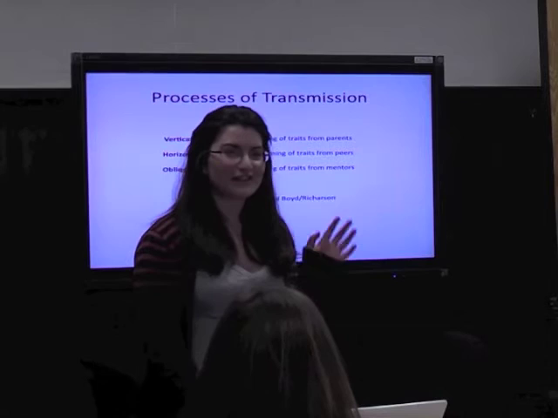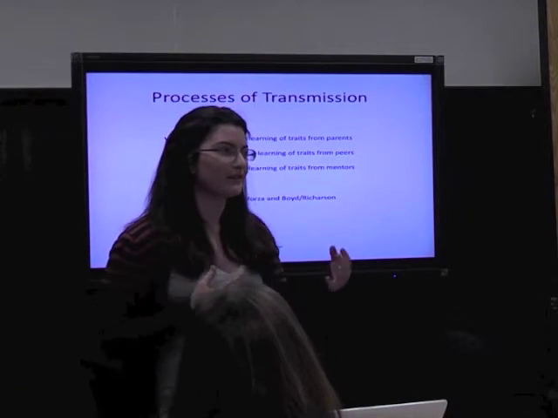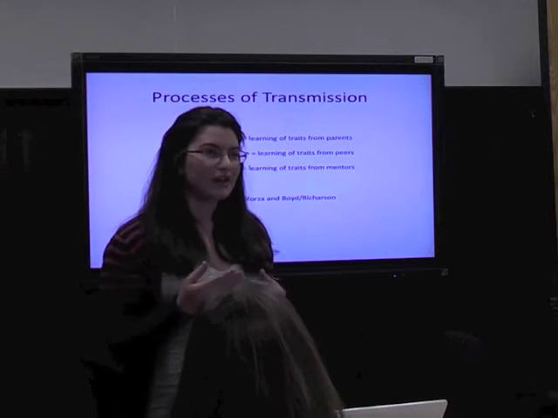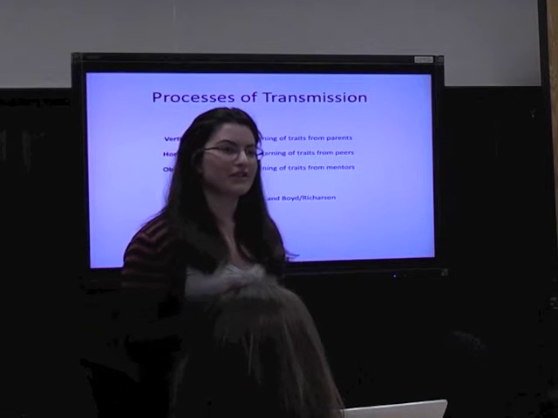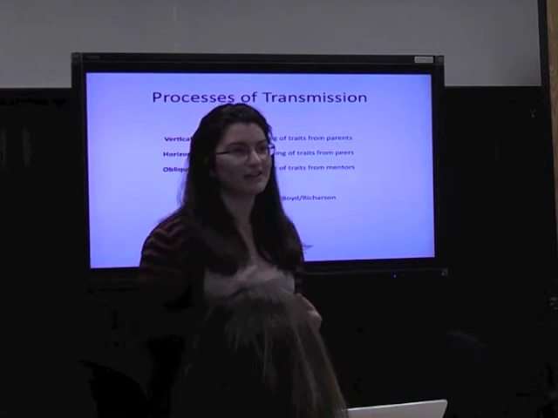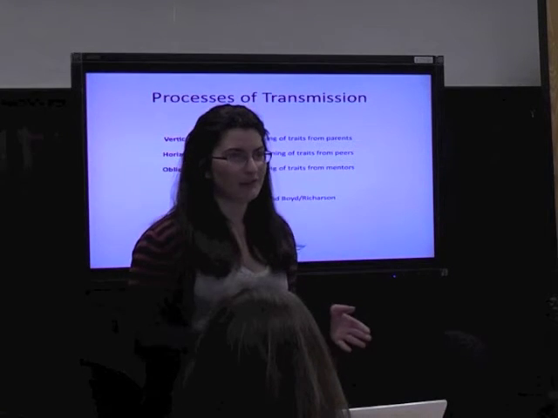I kind of alluded to these before when I was talking about individual interactions. There are several main processes of transmission that govern them. There's vertical transmission, or transmission from parents to child: your mother or your father teaching you how to do something.